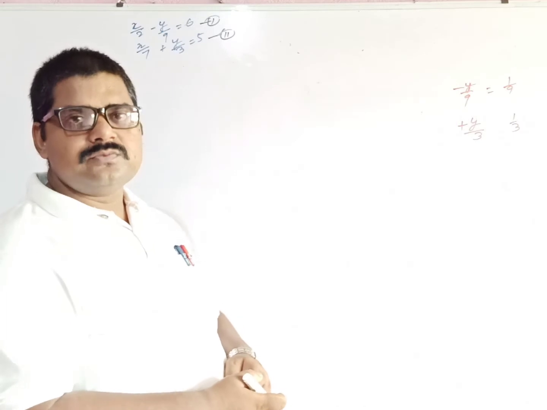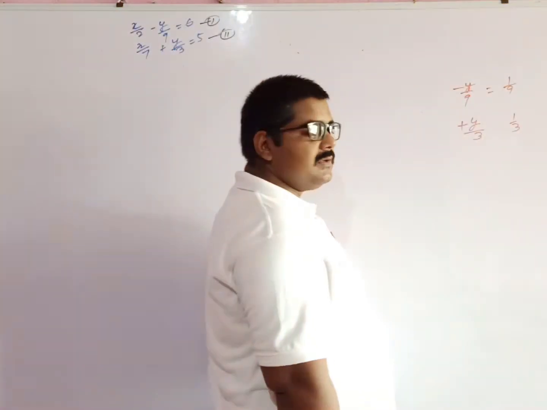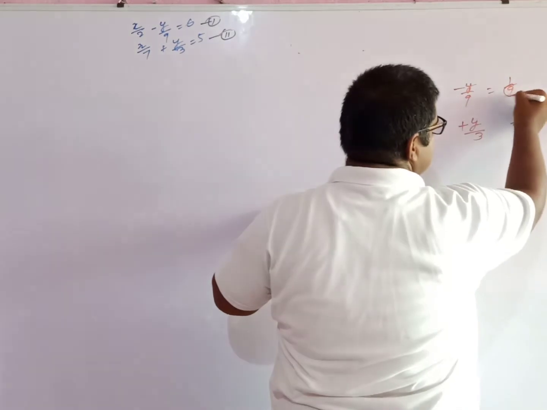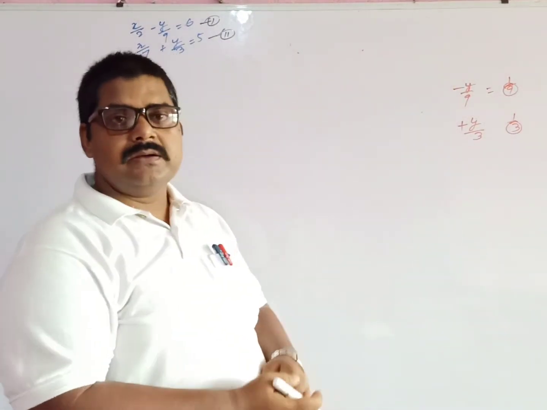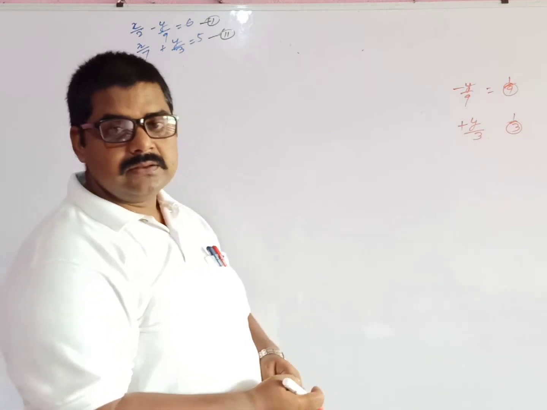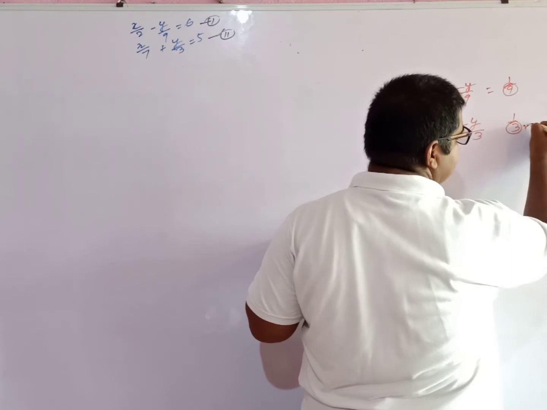Then you see that the numerator is equal, so we try to change the denominator. This is 9 and this is 3. How can you convert 3 into 9? You have to multiply 3 by 3.